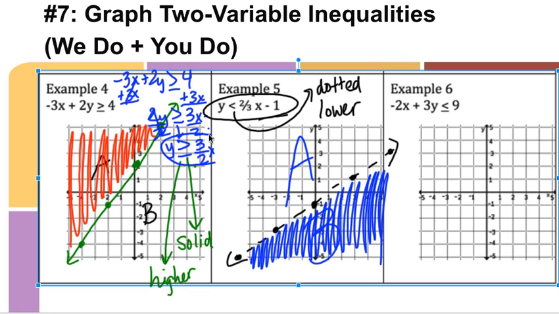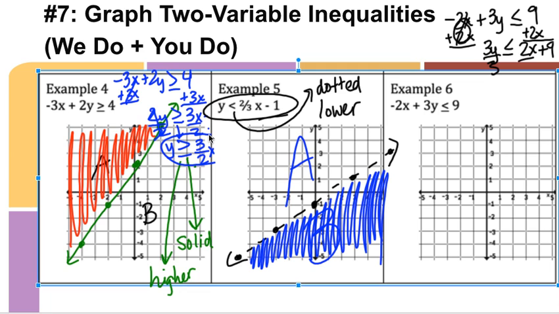Okay, and then finally here's example 6. Notice that y is not alone here, so I do have to solve this one out. So negative 2x plus 3y less than or equal to 9. I'm going to add 2x, so that's 3y is less than or equal to 2x plus 9.